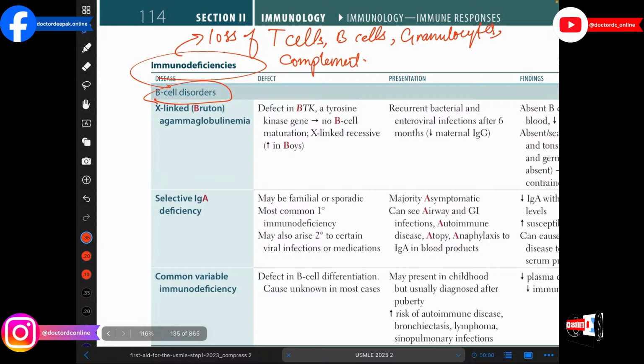Presentations are recurrent bacterial infections after 6 months due to decrease in maternal immunoglobulin G given through the placenta. If the baby is on breast milk, they will get IgA.